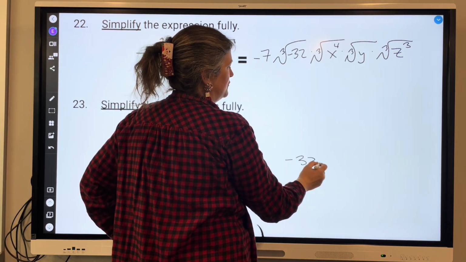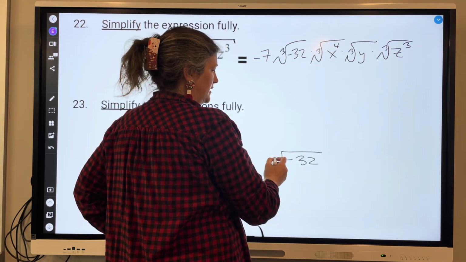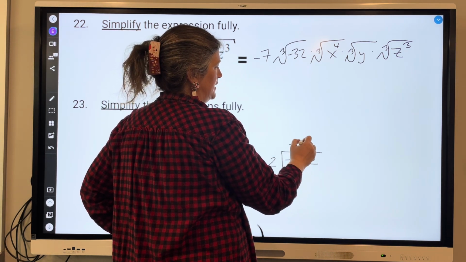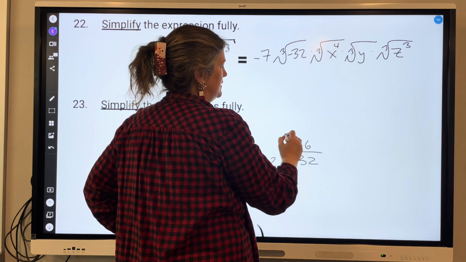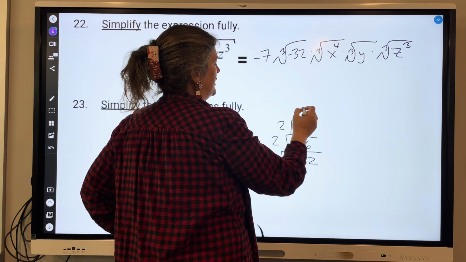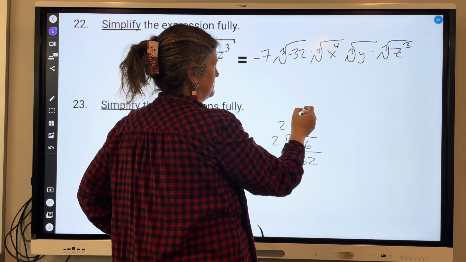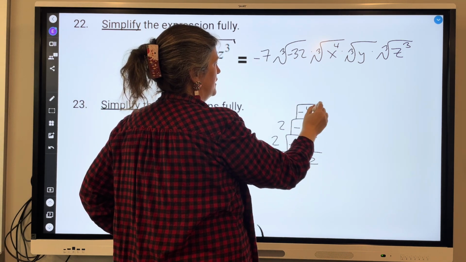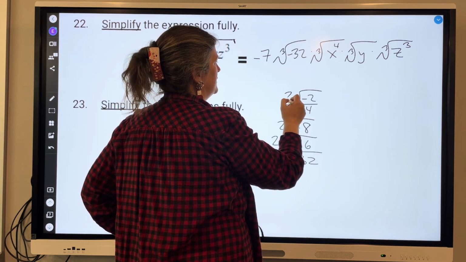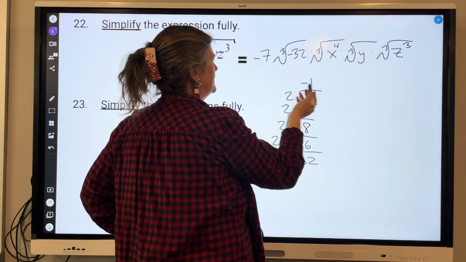Negative 32 can be factored in my little factor tree. I know a 2 comes out, and I have negative 16, and another 2 comes out, and I have negative 8, and another 2, and I have negative 4, and another 2, and I have negative 2, and another 2, and I have negative 1.